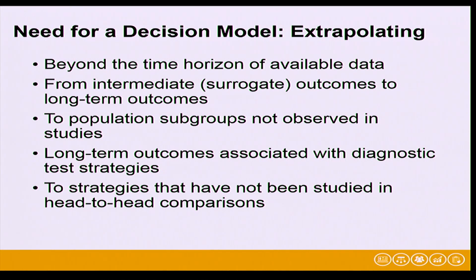There's a need to extrapolate to different population subgroups not observed in studies, for example, older ages or the presence of multiple comorbidities. There's a need to extrapolate long-term outcomes associated with diagnostic test strategies, where we often just know sensitivity and specificity from clinical studies, but for cost-effectiveness analysis, want to know longer-term outcomes.